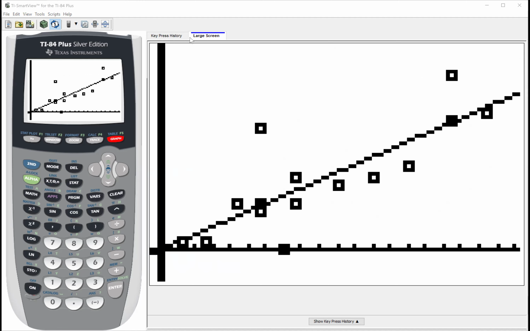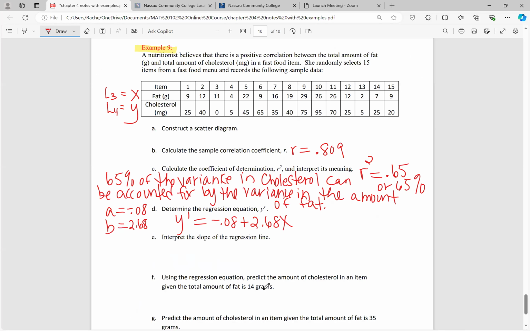All right, so back to the question. So part E says, interpret the slope of this regression line. So the slope is B. So the slope in this case is 2.68, and I'm going to put it over 1. This way we could make the comparison and the change in units.